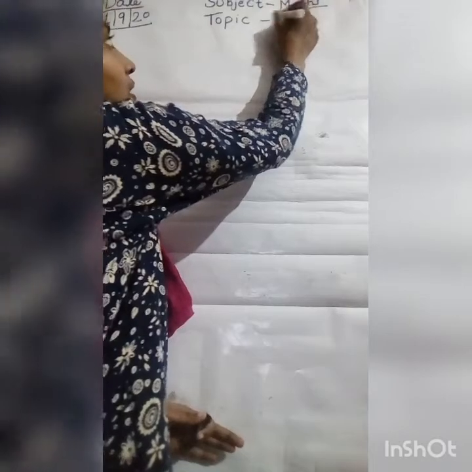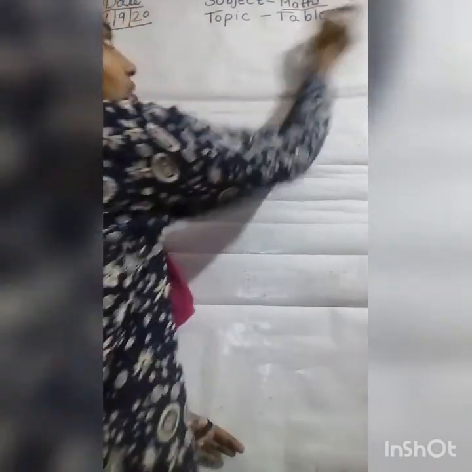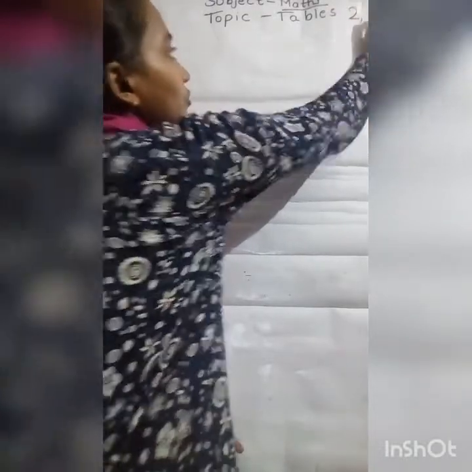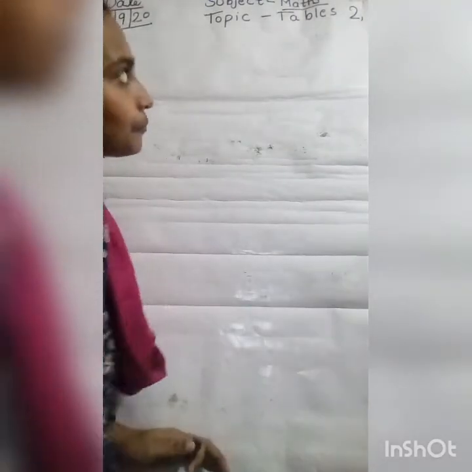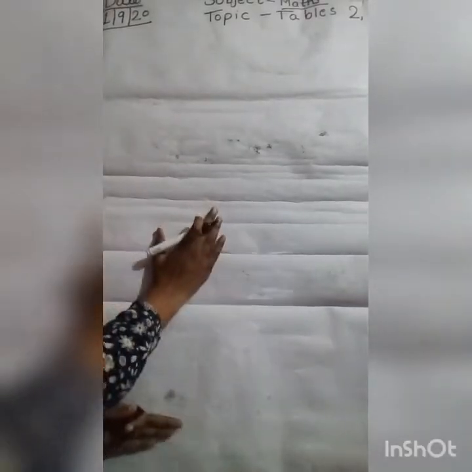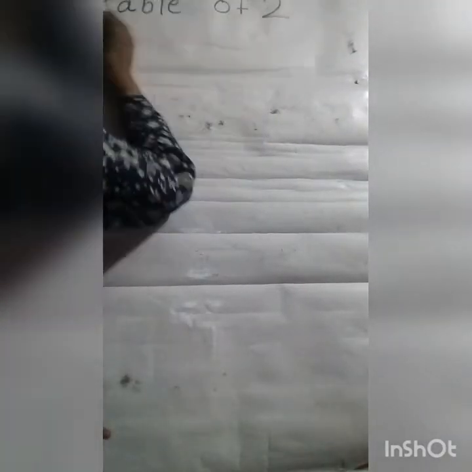Okay. So children, today's topic is tables 2, 3 and 4. Okay. Now children, firstly, first the table of 2.